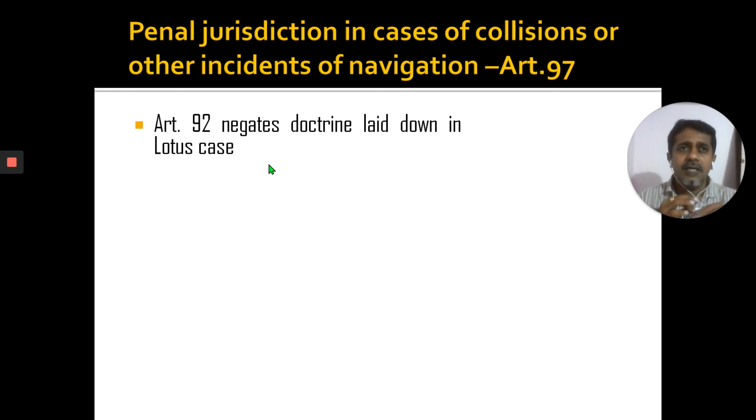So what about the decision given in the Lotus case, justifying the decision taken by the Turkish authorities in exercising jurisdiction over the master of the Lotus, saying that whatever they have done is wrong, and we will be exercising jurisdiction against him, taking legal steps to arrest and punish him? This is not considered proper as per the provisions of Article 97. Let us see what it says.